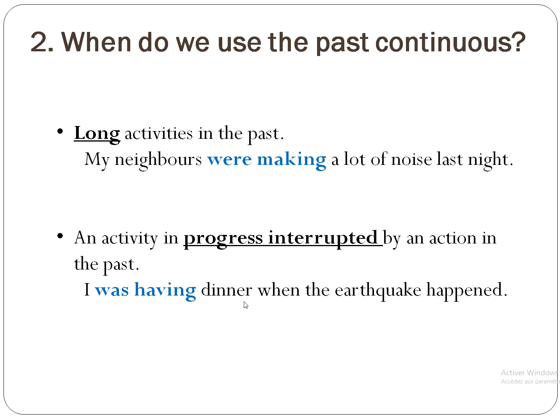You see, I did not finish my dinner when something happened in the middle of that dinner. You see, so it was an action in progress. I was having dinner when the earthquake happened. You see, so there's an action in the past that interrupts the action in progress in the past continuous. All right.